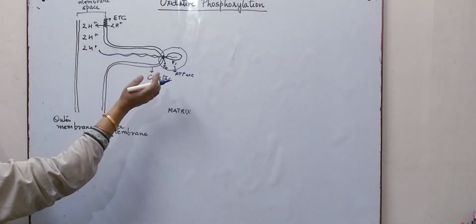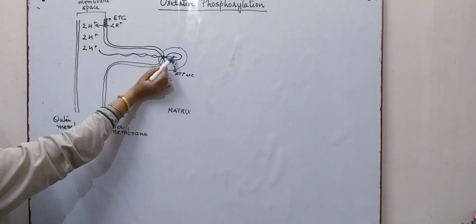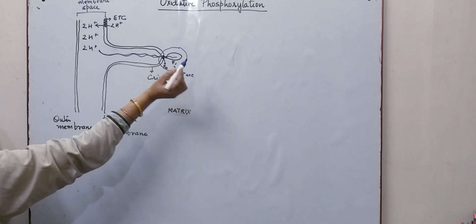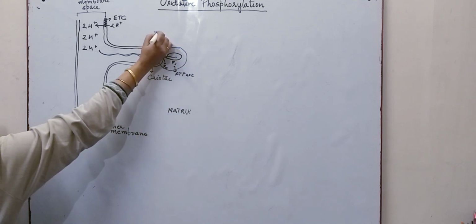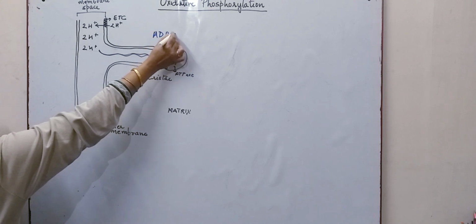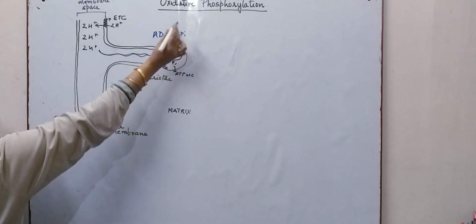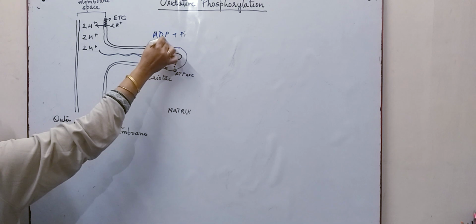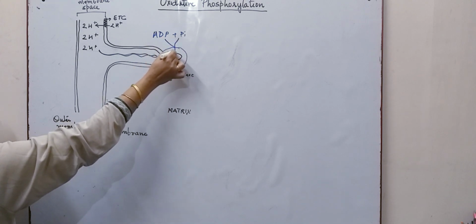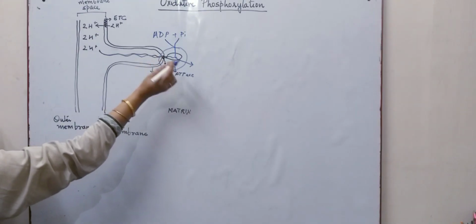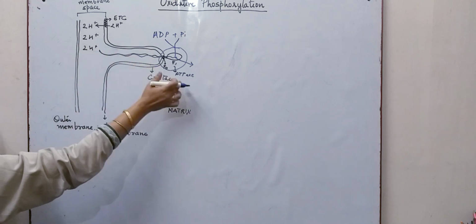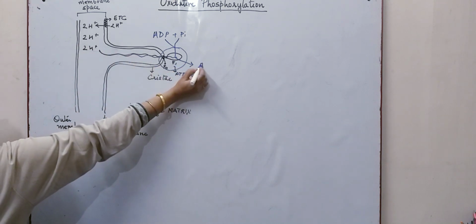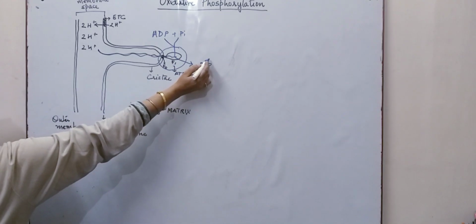So as the protons pass through this F1 particle, ATP will be produced from ADP and inorganic phosphate. They combine in this F1 particle, utilizing the energy released by the protons as they pass from the intermembrane space to the matrix, and ATP will be produced.